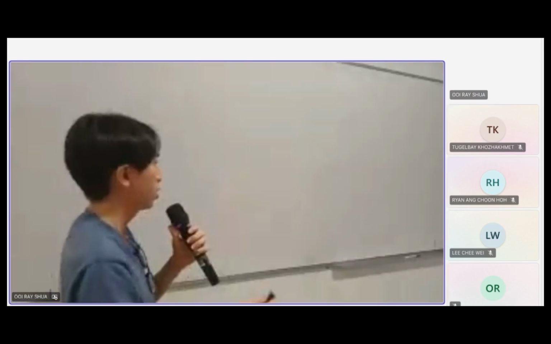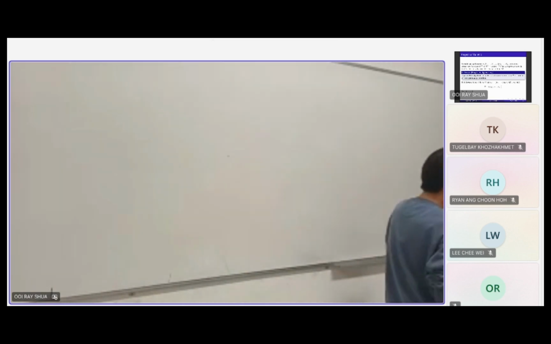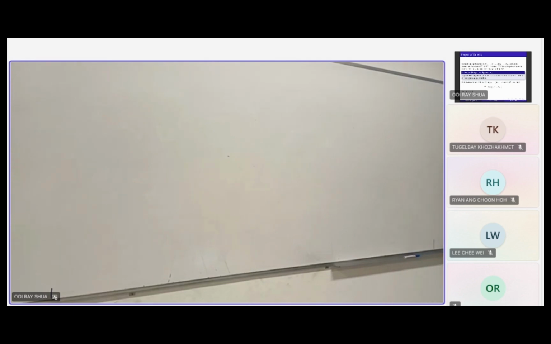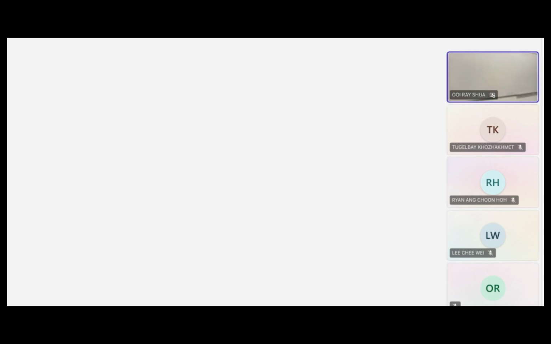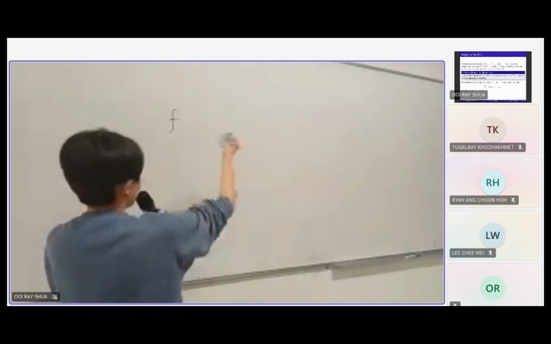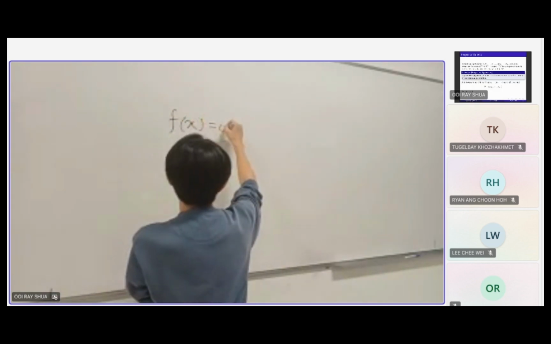But before then, you need to notice that we need to take polynomials that are homogeneous, or else it doesn't make sense. Let's say this is not a homogeneous polynomial, f(x) equals 0.